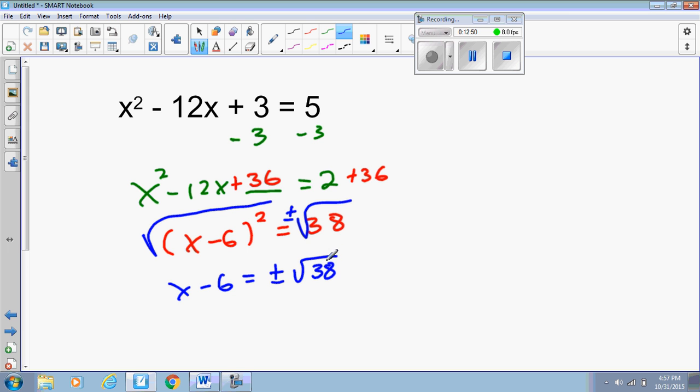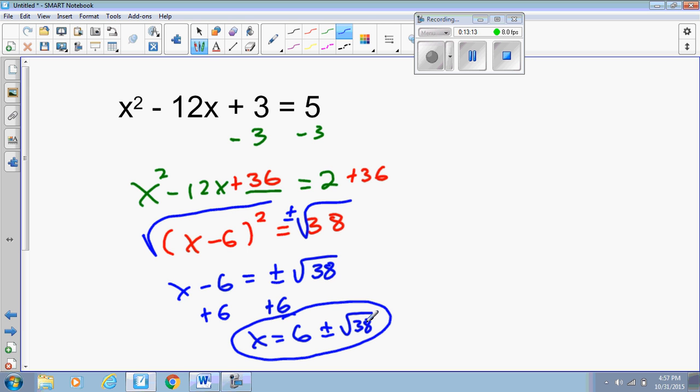There is no exact square root of 38, and 38 cannot be simplified at all because that's just 2 times 19, so nothing comes out of the square root. So I'm going to add 6 to both sides, and I'm going to have x equals 6 plus or minus the square root of 38. That's the answer we're going to go with here. Remember, that means 6 plus square root of 38 or 6 minus square root of 38.